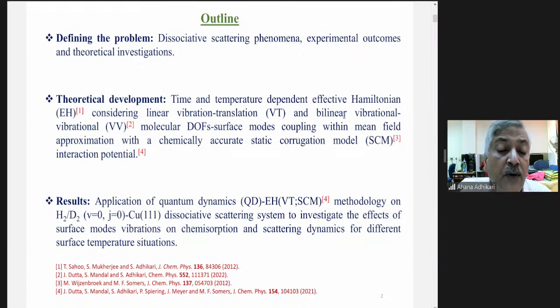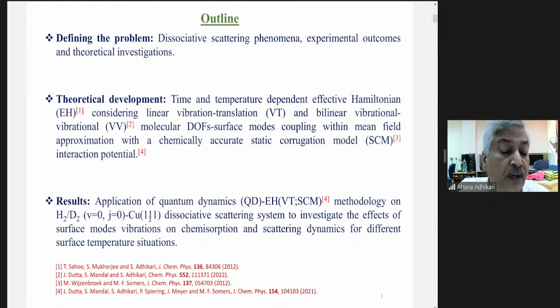That means you have considered linearly displaced harmonic oscillator or anharmonic terms to consider the interaction. And with this methodology, we consider the interaction of H2 and D2, starting from vibrational quantum number 0 and rotational quantum number 0, hitting the copper surface with index 111.